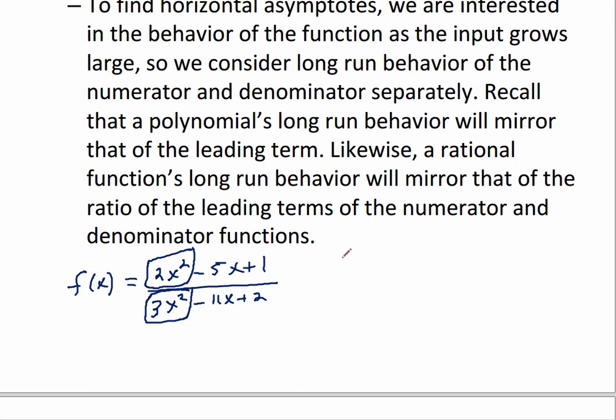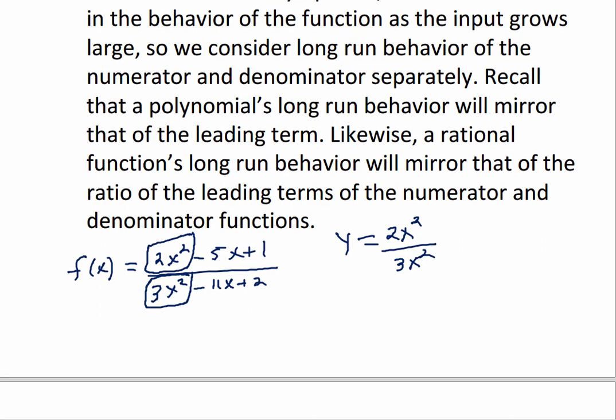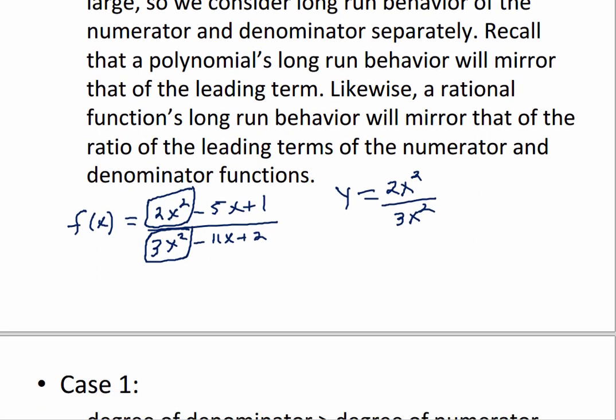So for the rational function, if we look at y equals 2x squared over 3x squared, that's going to determine the long-term behavior of f of x. In other words, that's going to tell us what the horizontal asymptote is. Because when we're talking about long-term behavior with rational functions, we're trying to determine what the horizontal asymptote is, and if it exists. It may not exist. There's many cases where there is no horizontal asymptote for a rational function.